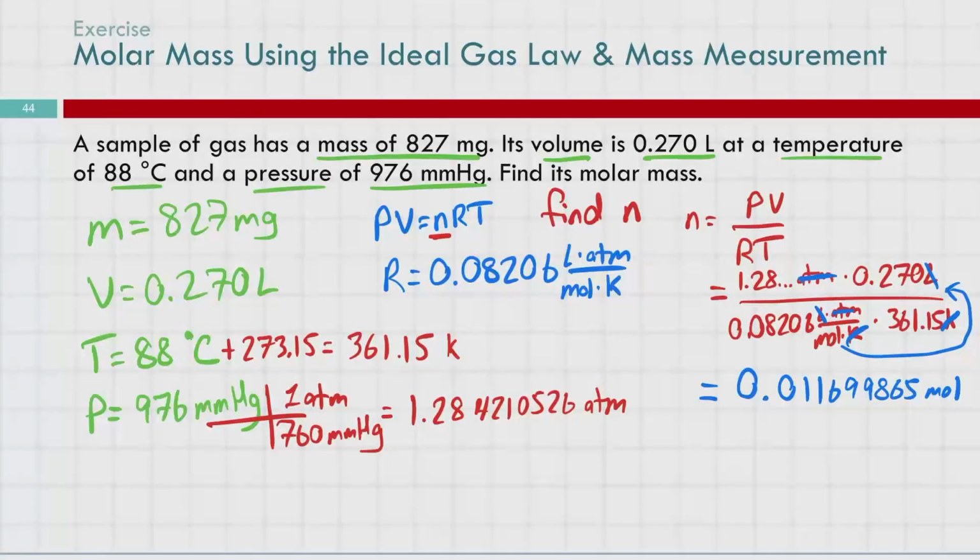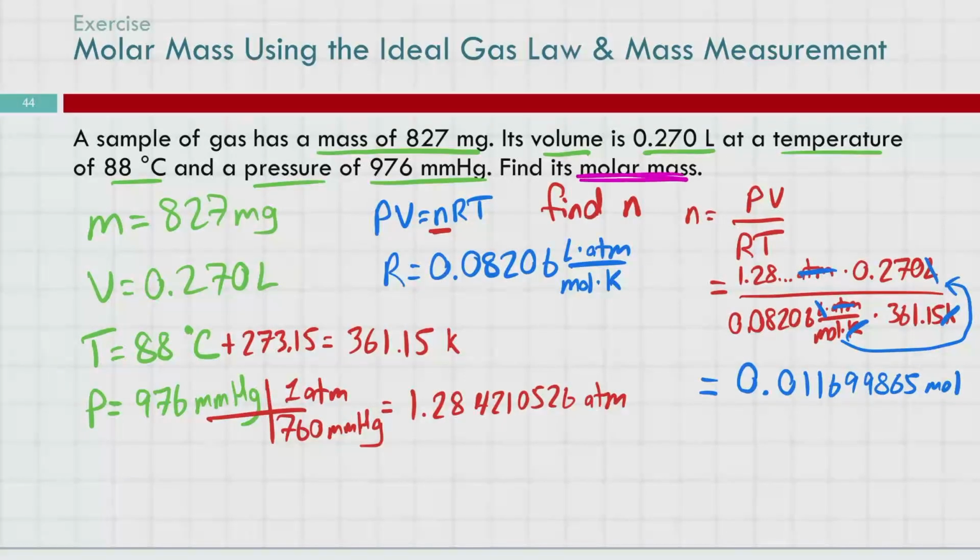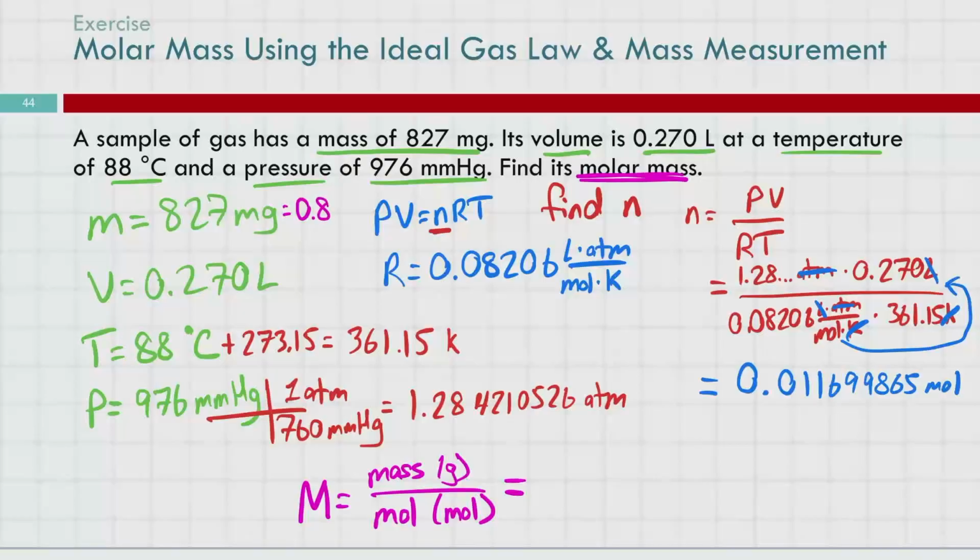Then we can solve for molar mass. Molar mass is mass, grams, over moles, which is units of moles. Our mass needs to be in grams. It's not in grams. We're going to divide it by 1,000. 0.827 grams.